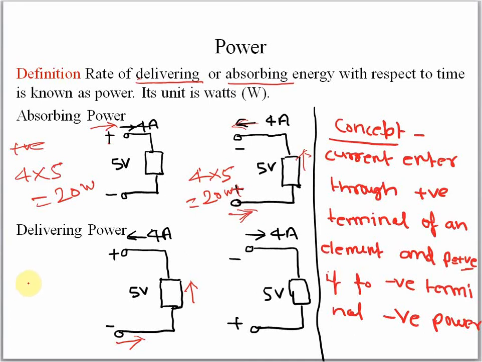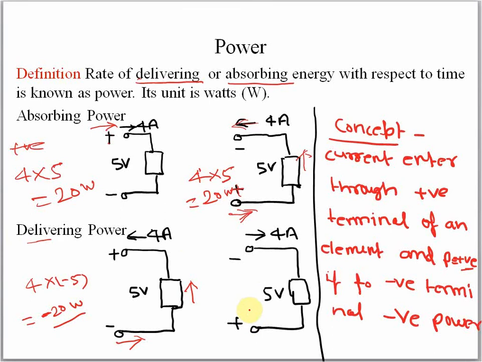Here we can write 4 multiplied by 5 volt, giving minus 20 watt. This sign shows the delivering power. Our circuit is delivering power.